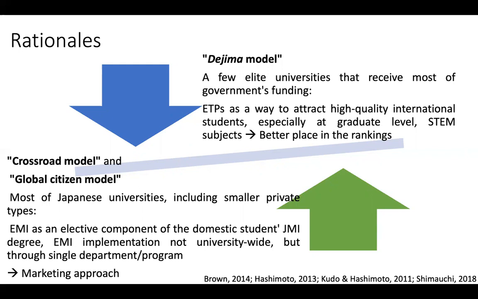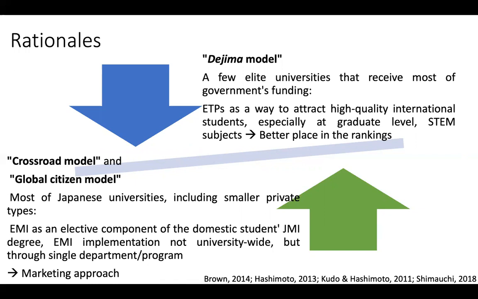The Dejima model is being implemented at a few elite universities that receive most of the government's funding. They use ETPs as a way to attract high-quality international students, especially at graduate level and in STEM subjects, and they seek better places in the rankings.